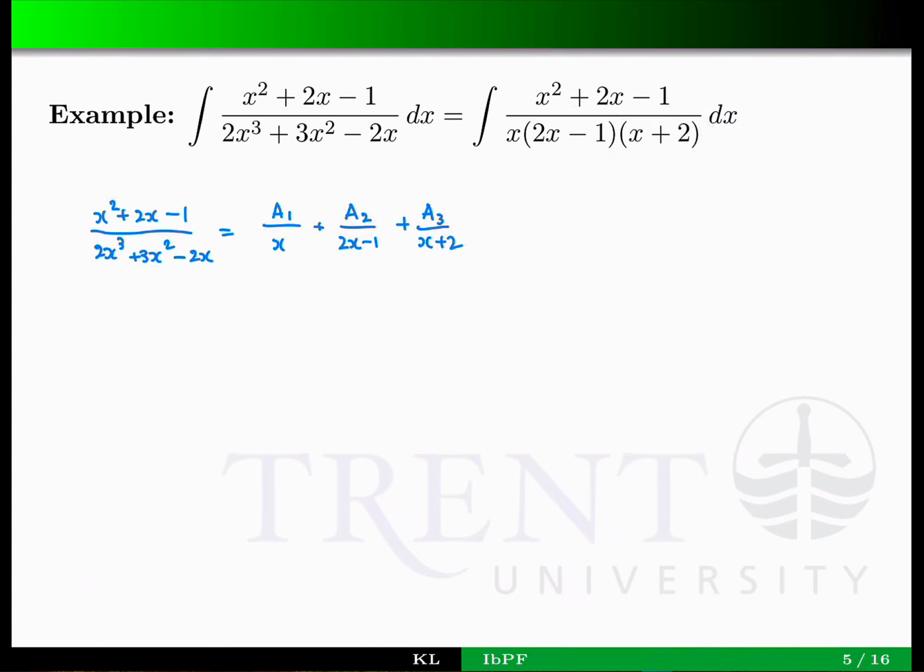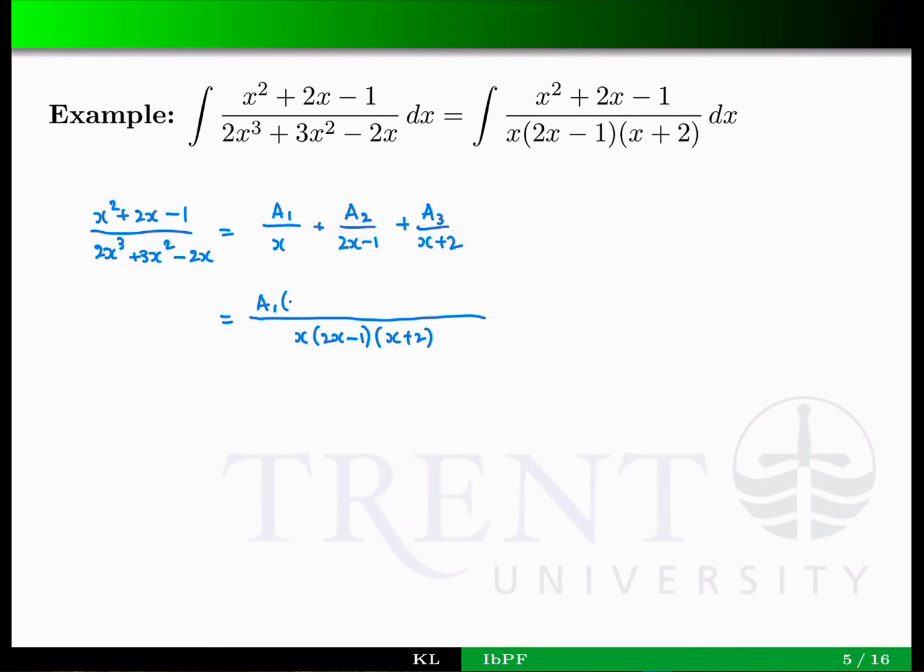Meaning, if we do that, of course, you will have your denominator as x times 2x minus 1 times x plus 2. A1, since the denominator of A1 is already x, you will multiply your A1 to the other denominators here.